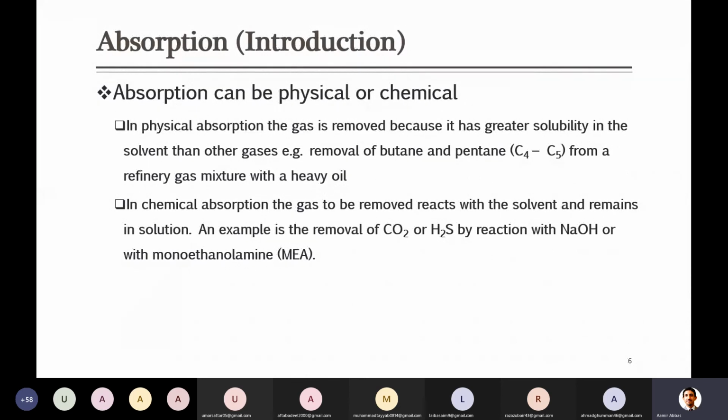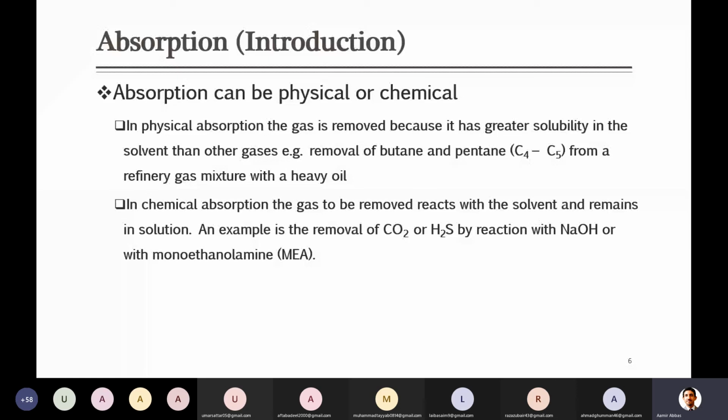These two, CO2 and H2S, can be removed with both absorbents mentioned here, NaOH and monoethanolamine. NaOH can be used for removal of both species, as well as MEA. But NaOH is preferably better and can remove H2S in a better way as compared to MEA, and MEA is good for removal of CO2 as I already mentioned.